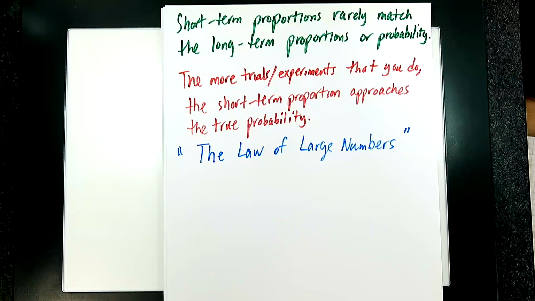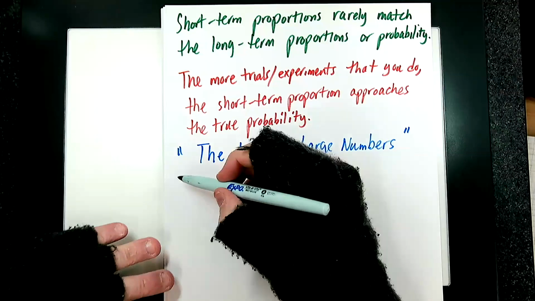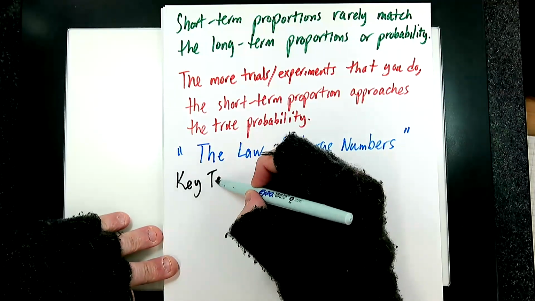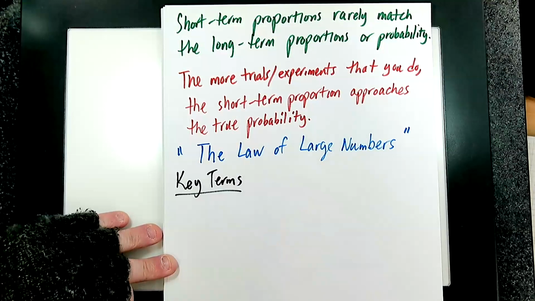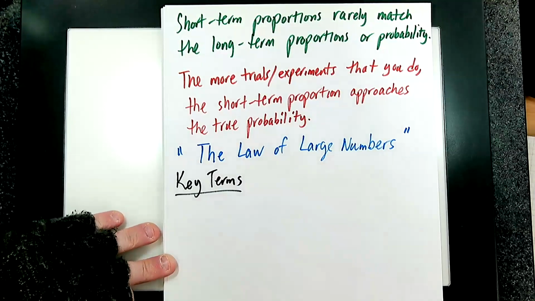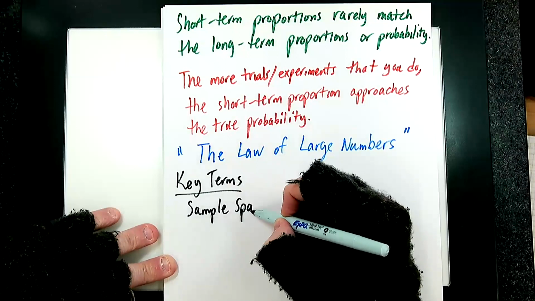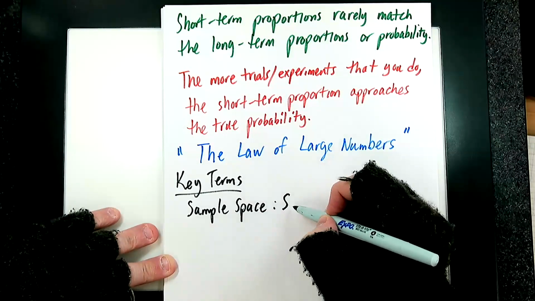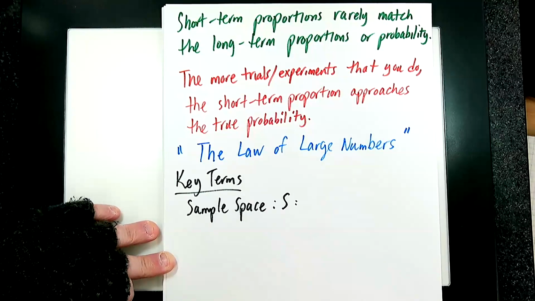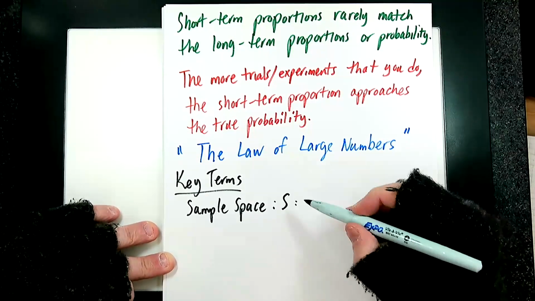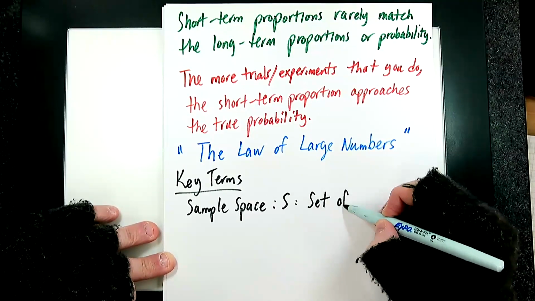Before I go over another example with you, one that has really large numbers, I want to go over some key terms with you guys. We like to use the words sample space, and we usually denote it with an S. This is the set of all outcomes.